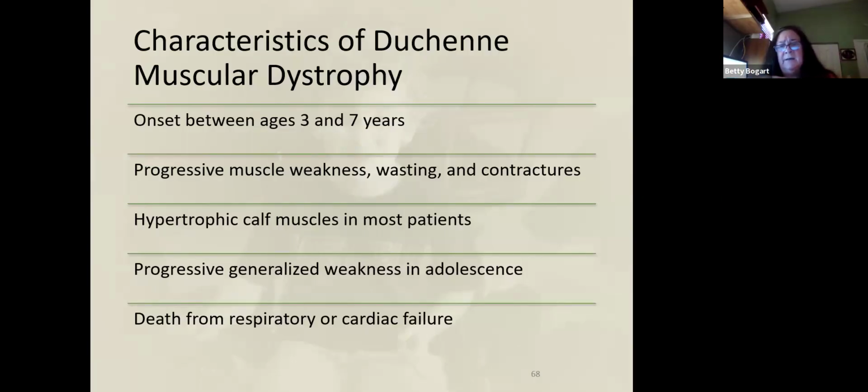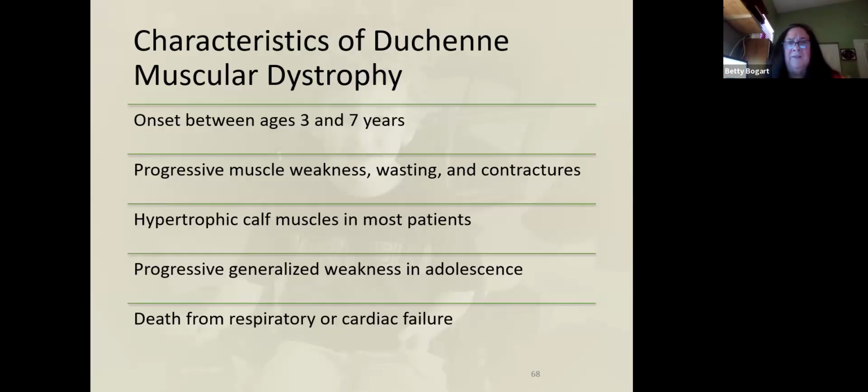You're going to see their calf muscles, and sometimes even their upper arm muscles are hypertrophic because they're trying to use them and they tense so much, it creates this over-making of muscles there. So it is hypertrophic calf muscles. And then this is a child who was walking or attempting to walk, who now is falling down and falling down. So it's progressive, he's getting weaker and weaker and weaker.